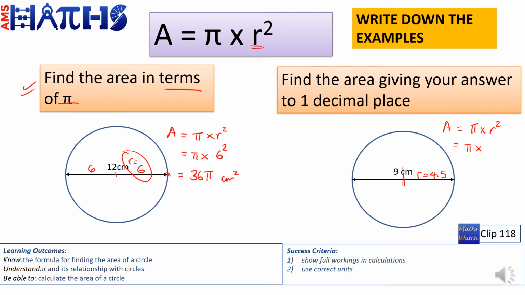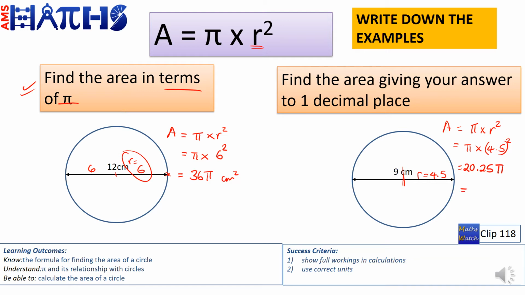All right, so we'll do 4.5 and we'll square that. So 4.5 times 4.5 is going to give us 20.25 when we square that, and then multiply by pi, so pi goes next to that.